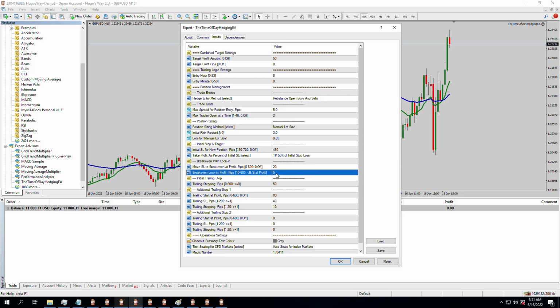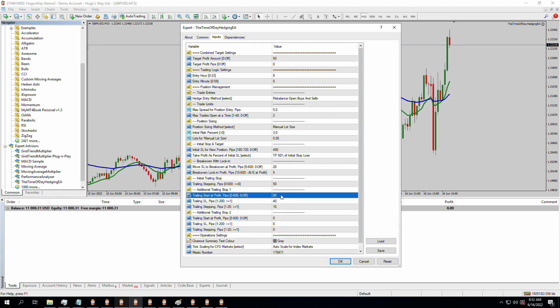That's what I did, very conservative. So if the price moves up quickly and comes back, we get out of the trade at a very minimal profit, no loss. I told it the initial trailing stop to be 50 pips, although this is saying trailing stepping, so I believe it's going to trail the profit and step up 50 pips at a time. There's also an additional trailing stop. Now this gets a little confusing.